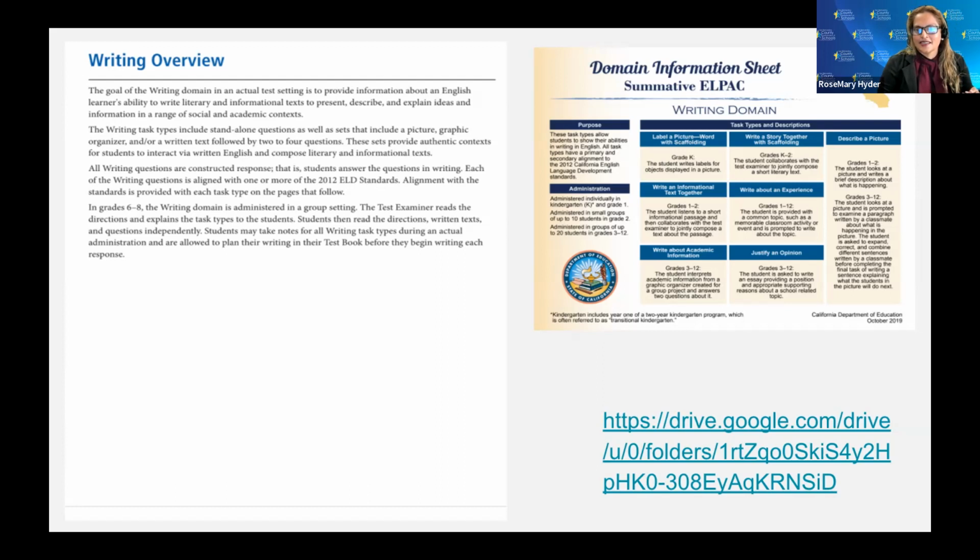Do they understand that that home language survey is why they have been identified as an English learner? That they took an initial assessment, the initial ELPAC, some of them don't even remember that they took that, and then that they were given a level and what level they are.